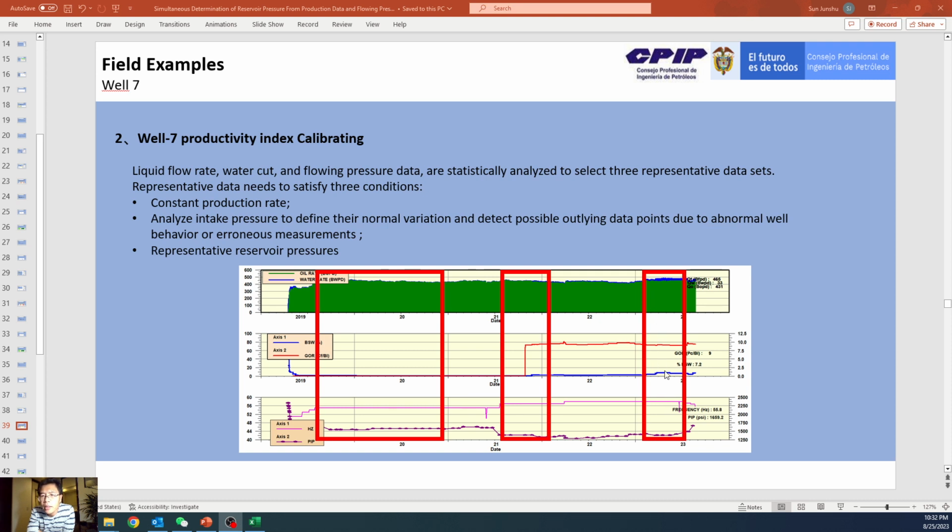Third period is from March 2023, when the water comes, with a production rate around 500 barrels per day. ESP frequency keeps at 57 Hz.